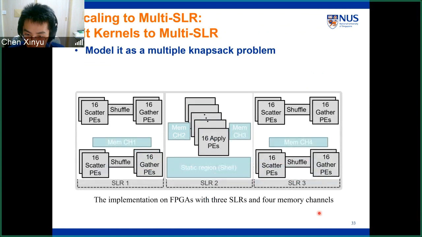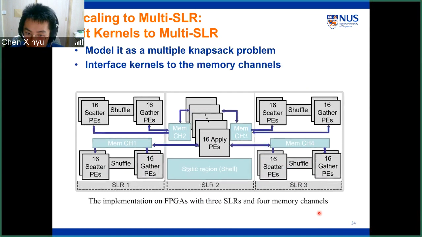So we can fit them into SLRs by modeling it as a knapsack problem. After fitting them into SLRs, we do the last step, which is interfacing kernels to memory channels. Finally, we get synthesizable code which can be passed to Xilinx Vitis directly to get a bitstream. So far we have the accelerator on hardware.